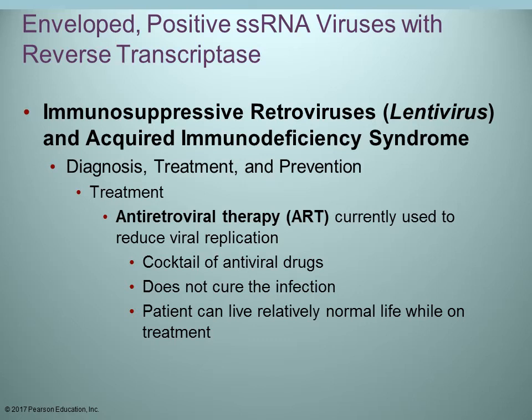Right now for the treatment, it's what we call antiretroviral therapy. It's trying to prevent or at least reduce the replication of the virus. And it's what we call a cocktail, because you're using a combination of antiviral drugs. It's not just one drug, it's a combination.